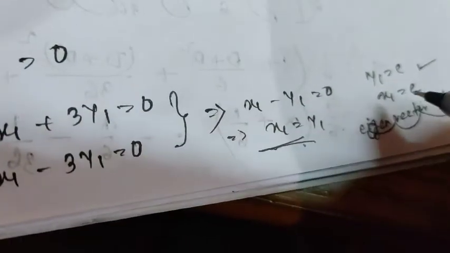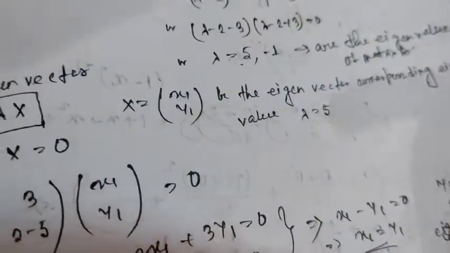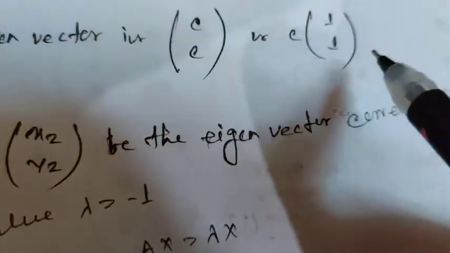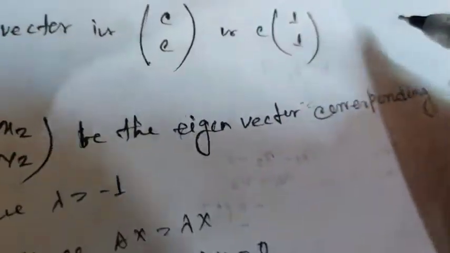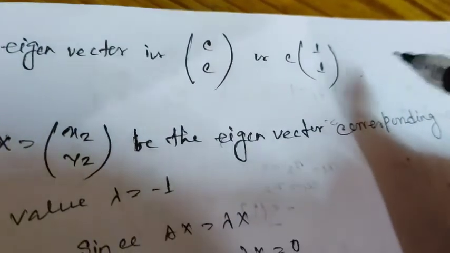We choose y1 is equal to c, so from this relation x1 is also c. So the eigenvector corresponding to the eigenvalue 5 is of the form [c; c], or c[1; 1].